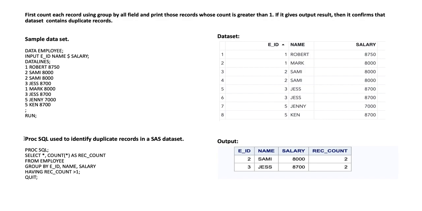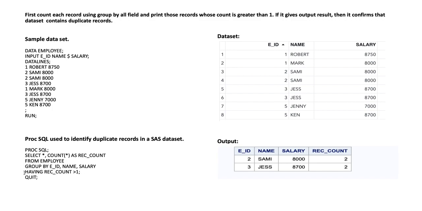Then a procedure is used to identify whether the given dataset contains duplicate records or not. We use proc sql, select star, that means select all fields, count star as record count from the employee table, group by all fields, that means EID, name, salary, having record count greater than 1, and quit.